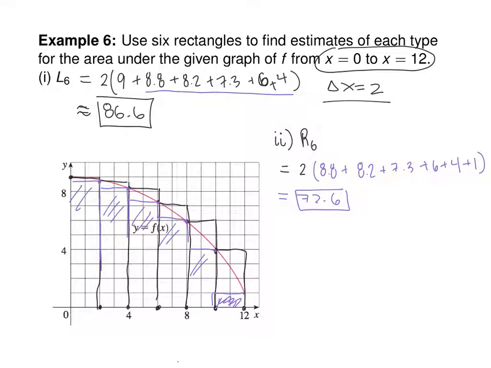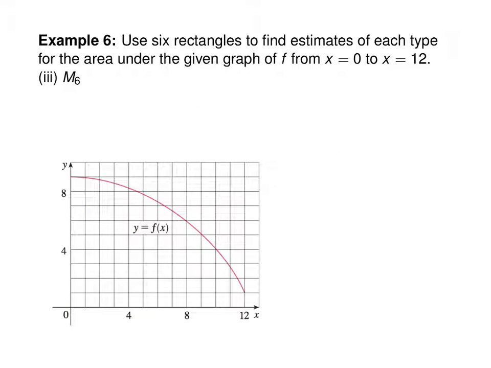Okay, so part B is M6, so midpoints. So 2, 4, 6, 8, 10. What is the middle number in between 0 and 2? 1. So that means you take your height by plugging in 1. Between 2 and 4, you plug in 3, right?